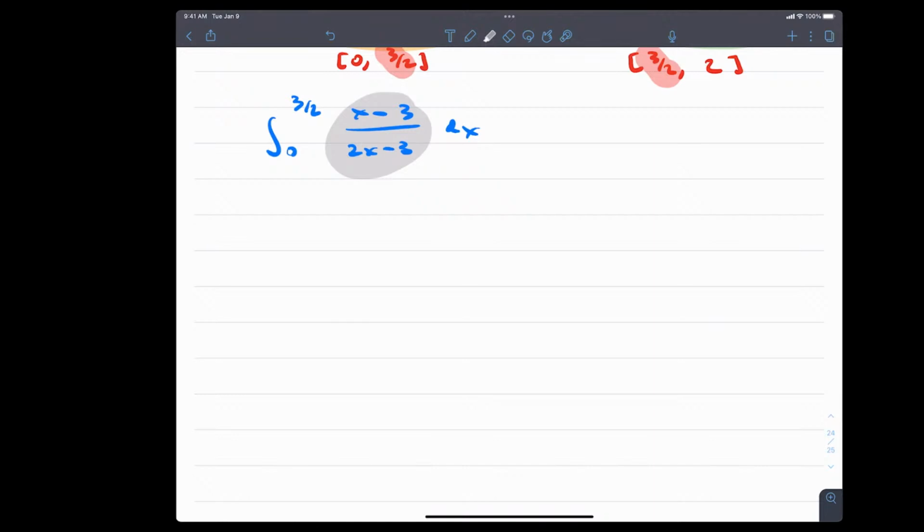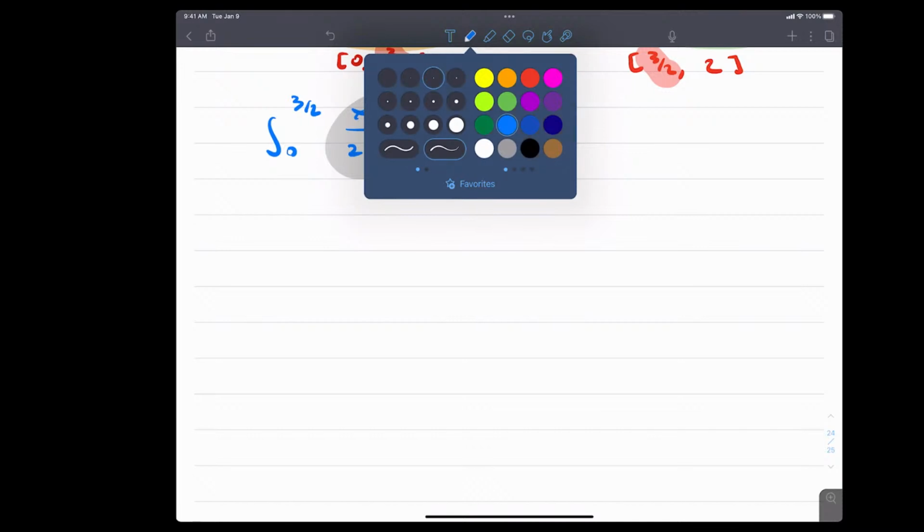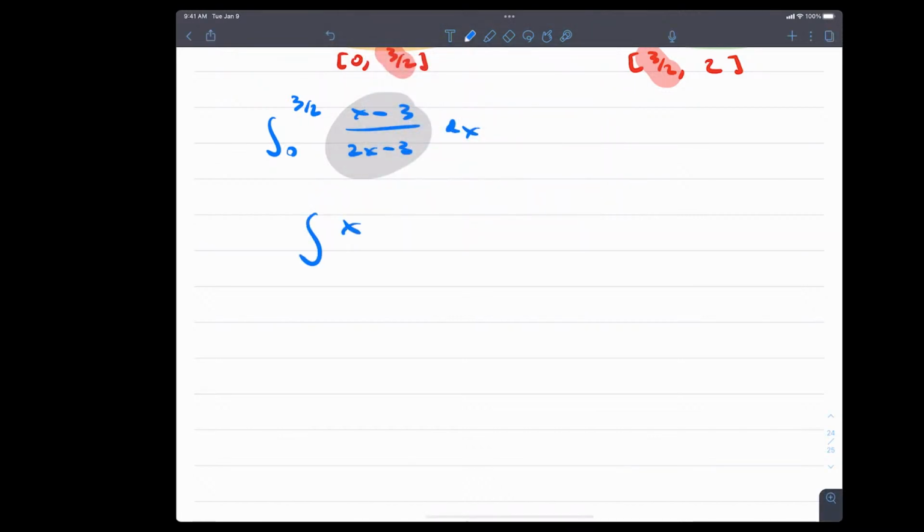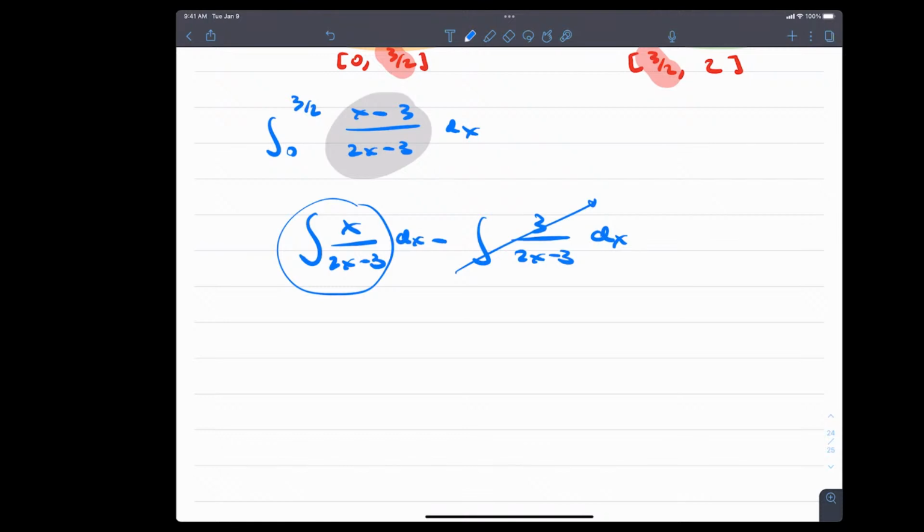You might be tempted to say this is x over 2x minus 3 dx minus the integral of 3 over 2x minus 3 dx. This one you can integrate easy, right? U sub. This one, not so easy. Can't do U sub with that one.